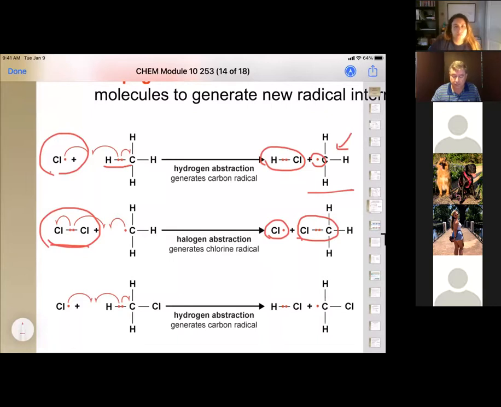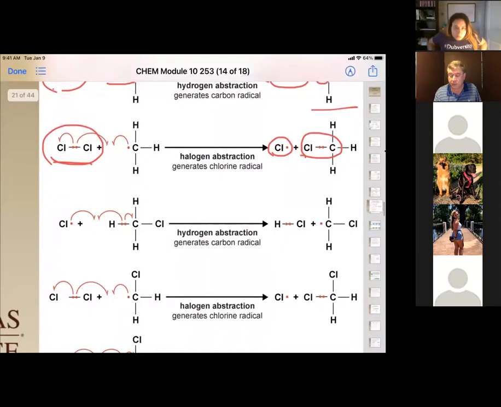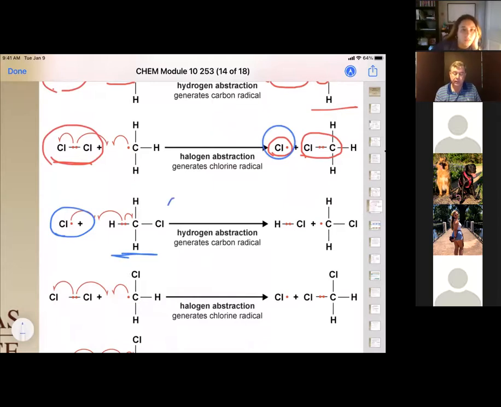So what happens? It reacts with another equivalent of the chlorine radical, which you just generated. I'm going to change colors here. So you just generated this one, so it's going to react with another one. Notice this one already has a chlorine on it, but there's nothing stopping it because the hydrogens are going to have the same bond dissociation energy. So there's no reason for it to react with one with chlorine or one without chlorine.